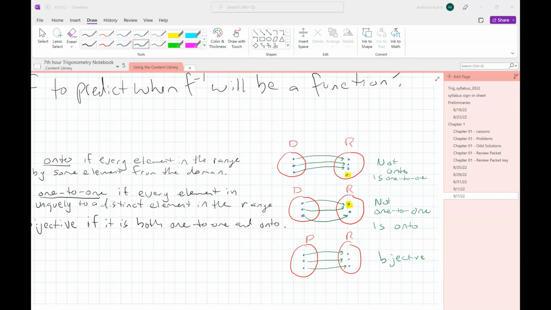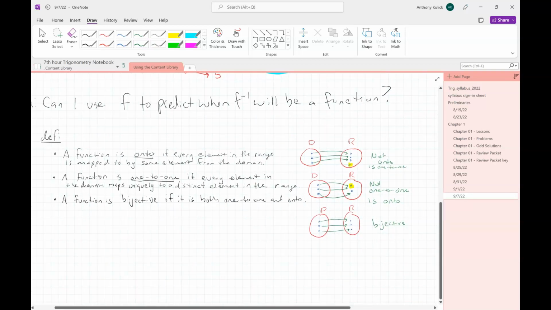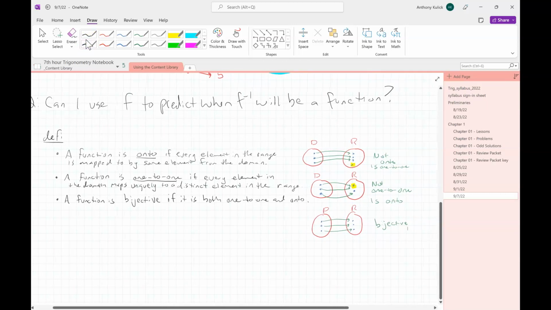Everybody feel okay about what we're saying here with one-to-one and onto? All right. Now remember the question that we're trying to answer here. How can I use f to predict when f inverse will be a function?